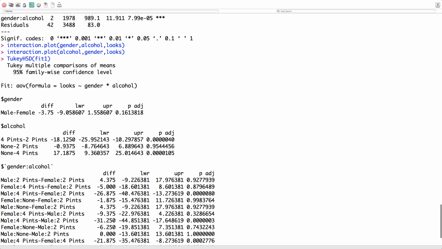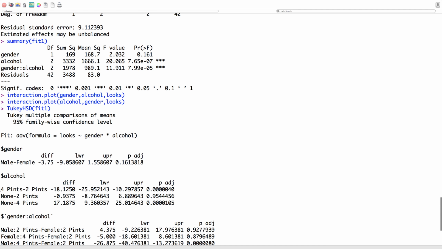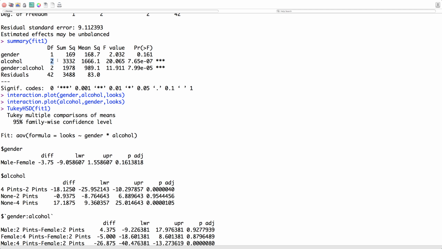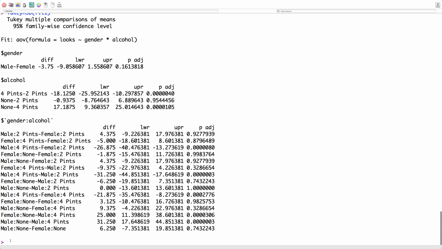So, guys, we did have statistical significance back here for alcohol, right up here. So I would want to run an ANOVA. I'm going to call this fit 2. And I want to run an ANOVA of looks over alcohol only.